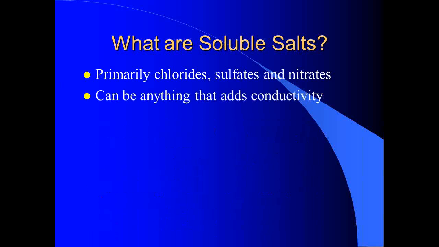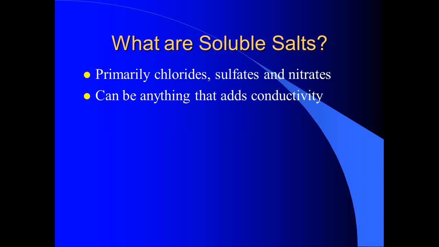When we first started detecting that salts were bad 50, 60 years ago, the only thing we could really do was test conductivity. We didn't have the means available to identify the various salt ions. So they started conductivity testing 50, 60, 70 years ago, somewhat outdated now, but basically they consider a salt anything that adds conductivity to water.